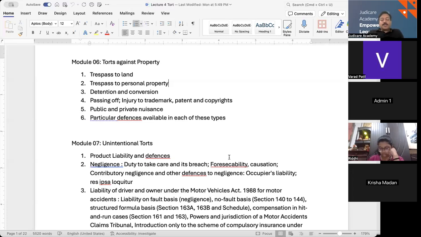So this is related to movable belongings. For example, borrowing a friend's laptop without permission and accidentally damaging it. That is a trespass to personal property.